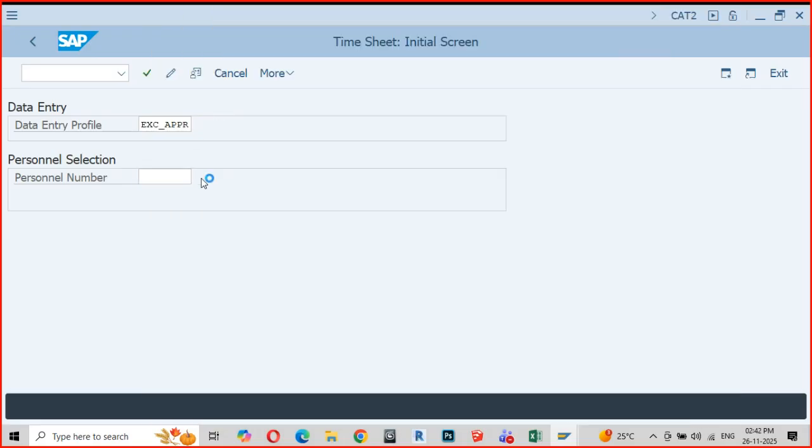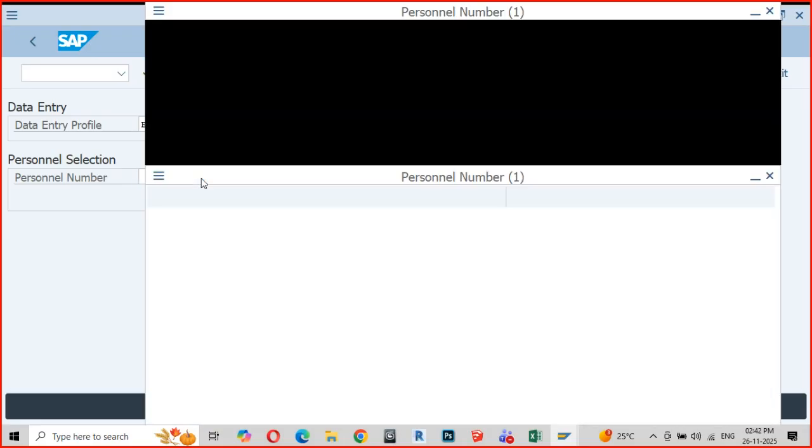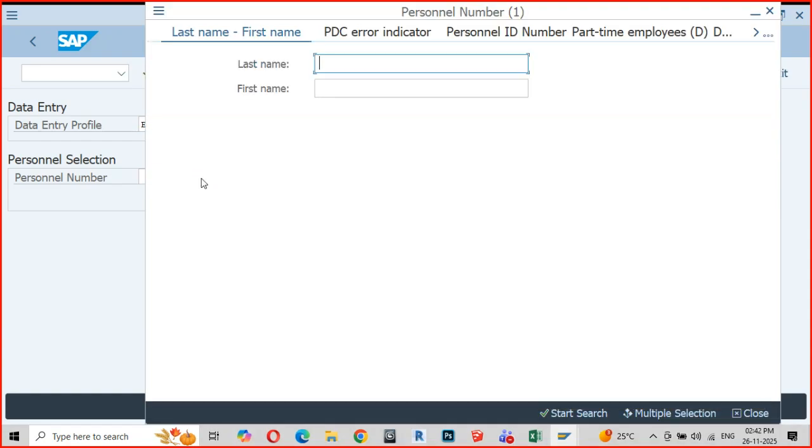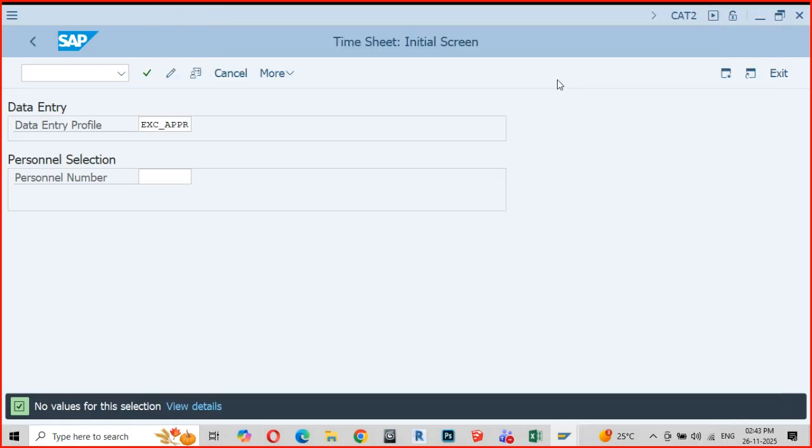Personal number. Something should have got created. I don't have the personal number, so I have to create it. See how I'm lacking the data. Okay, let me try this.